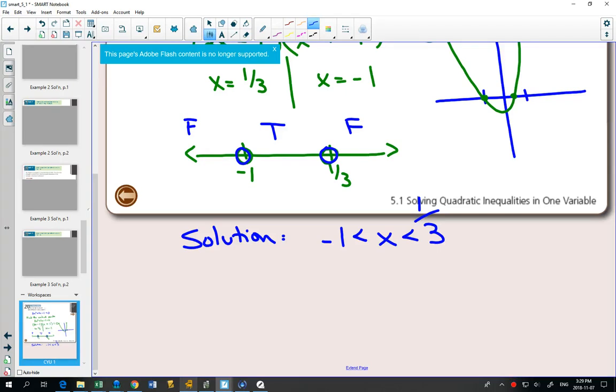There wouldn't be equal signs here because we have open circles. Or you could write it in interval notation, and we would use round brackets to show that the points aren't included. To indicate our graph on the solution, you just shade the part where it's true. You can choose either of those two ways to write it. Okay, questions for practice are 4, 5, and 6.